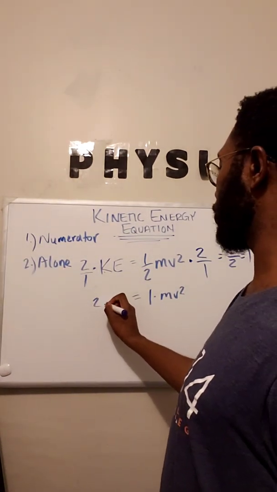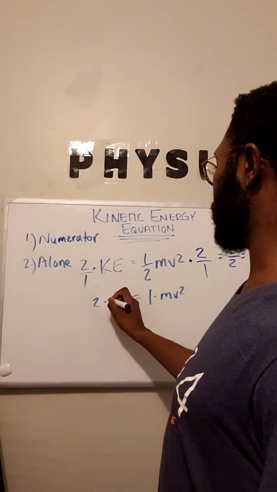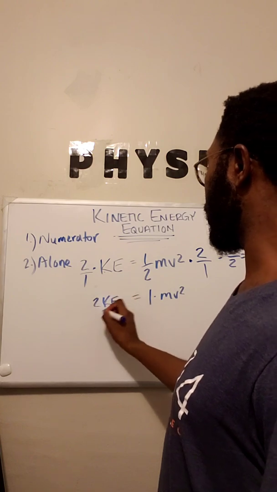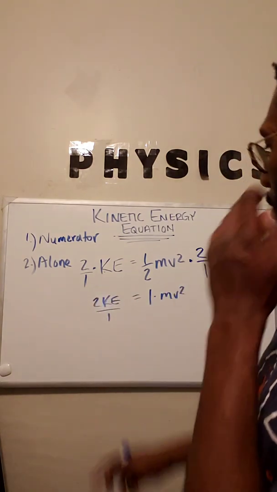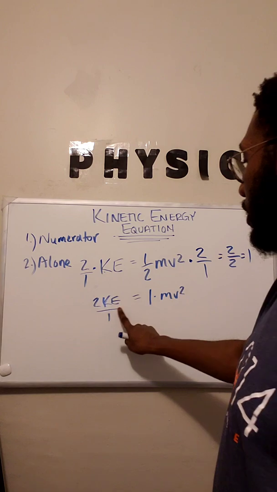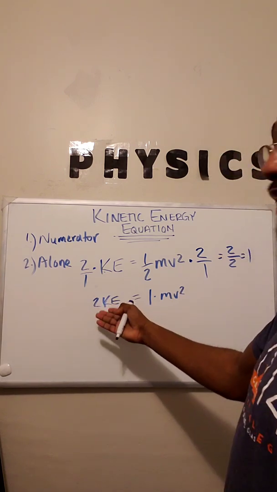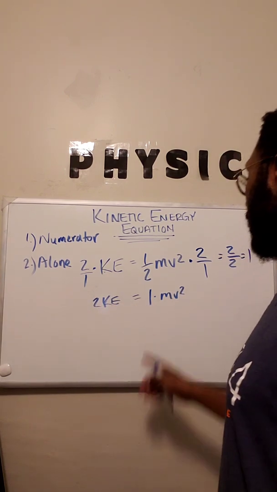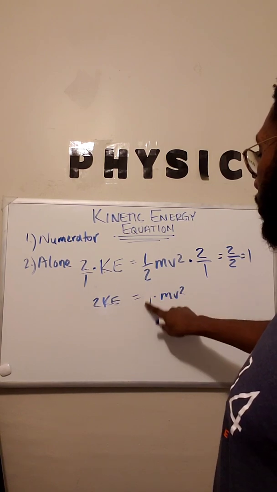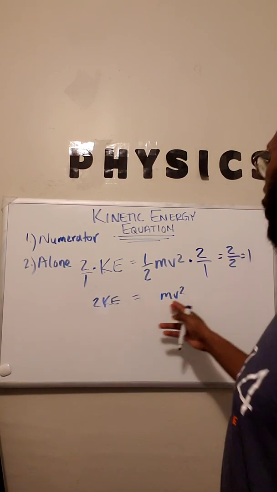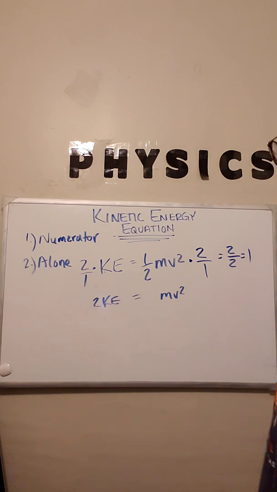And that gives us 2 times the kinetic energy, all divided by 1. But anything divided by 1, we can keep it as itself. It doesn't change. And then anything multiplied by 1 does not change. So we are now here.